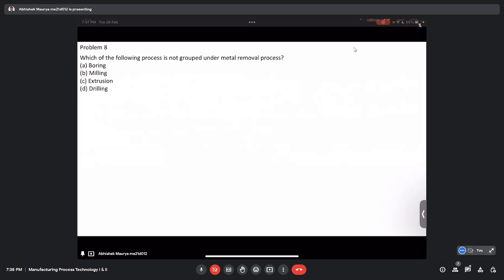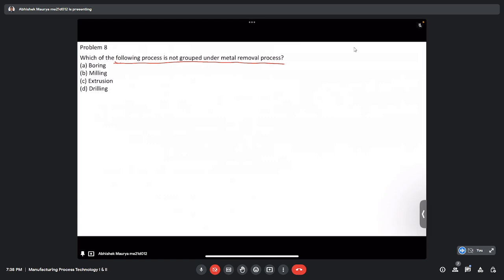So what is the question? Which of the following processes is not grouped under the metal removal process? As the name suggests, the metal removal process should involve removal of some material. This is the synonym of the machining process.